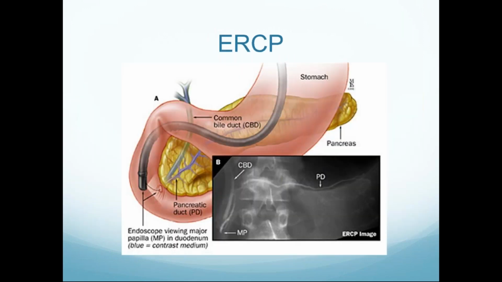So, ERCP. This is the original ERCP image, and this is the pictorial representation of ERCP. Generally, the endoscope goes up to 110 centimeters, that is, maximum up to the D2 part of the duodenum. At the D2 part of the duodenum, there is the opening of the ampulla of Vater.